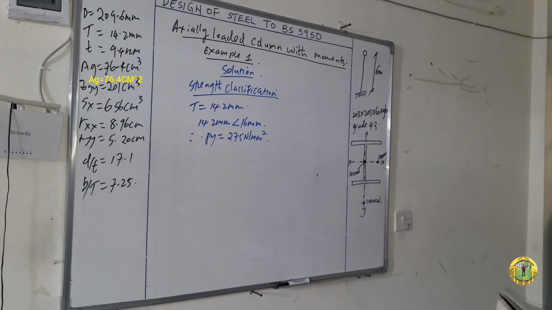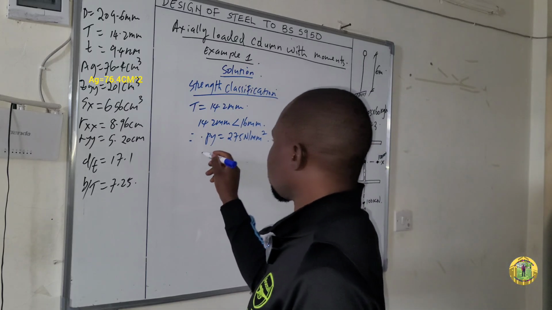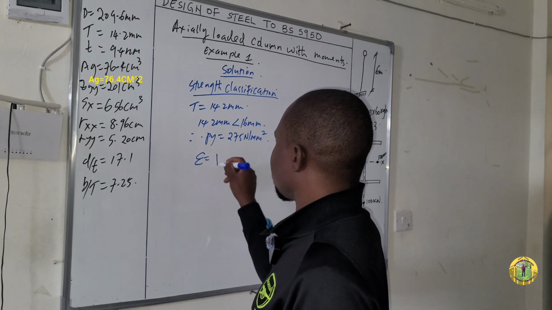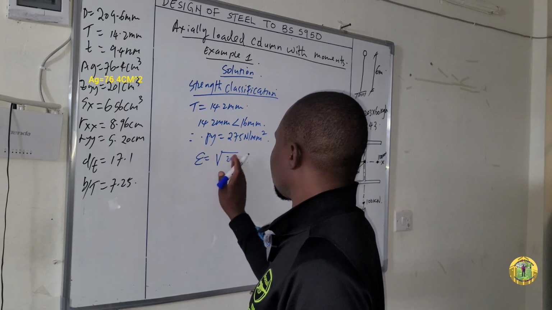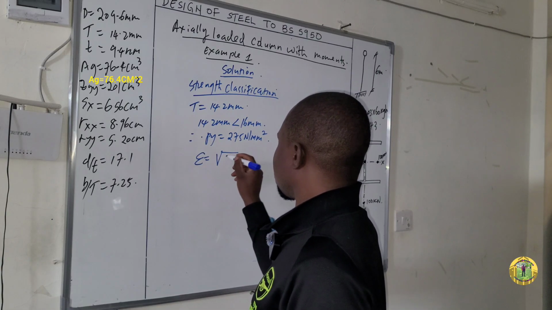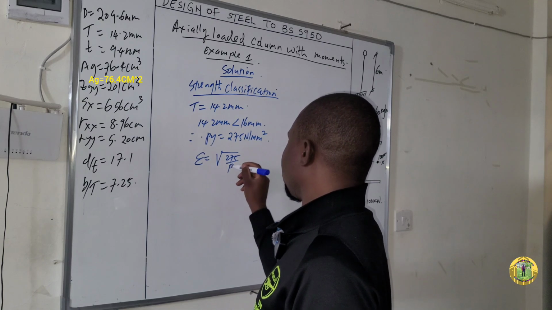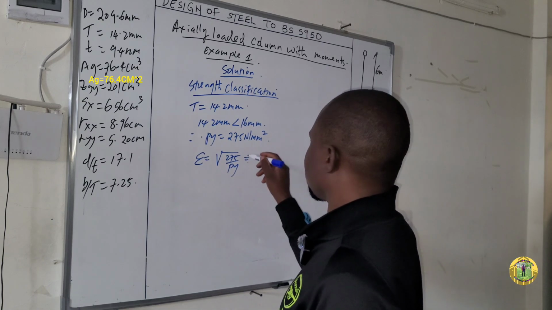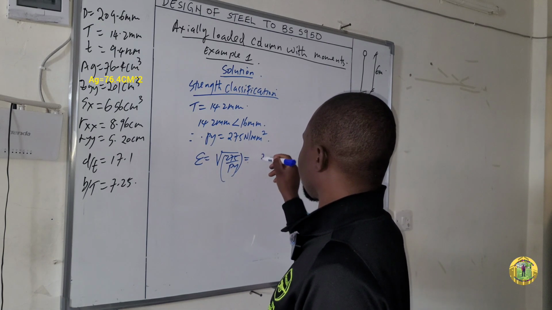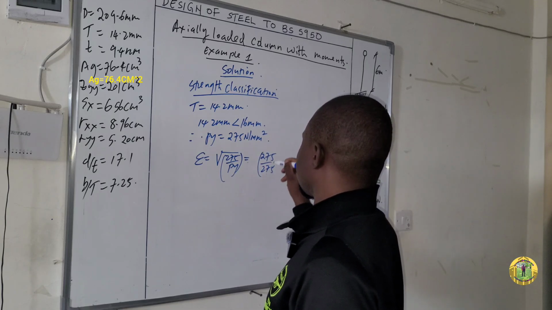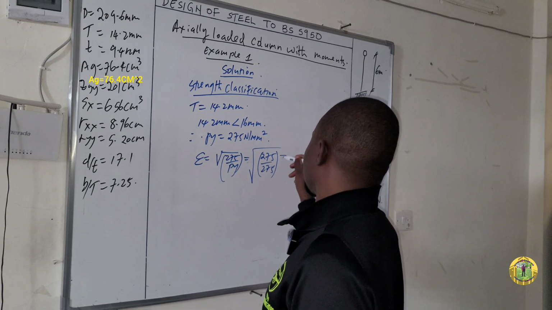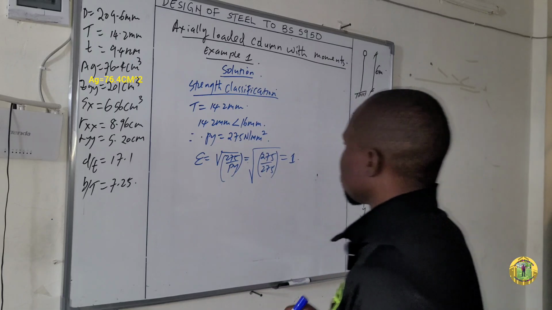Then after that, we'll obtain epsilon, which is equal to square root of 275 over Py. So this one is equal to 275 over 275, which is equal to 1, like that.